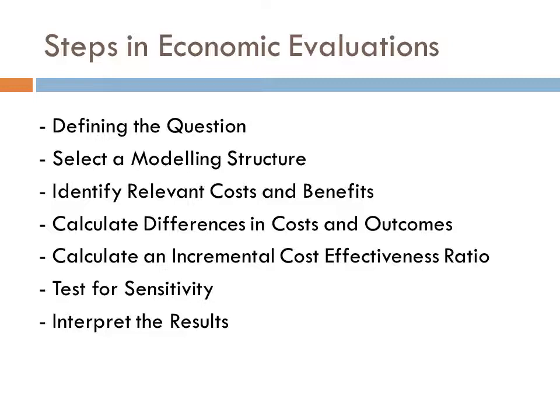So economic evaluations require tests for sensitivity so that you're able to communicate the uncertainty involved in the evaluation. And then there needs to be an interpretation of the results and to think about what the cost effectiveness ratio means in terms of how much society is willing to pay and whether an intervention can be adjudged to be valued.